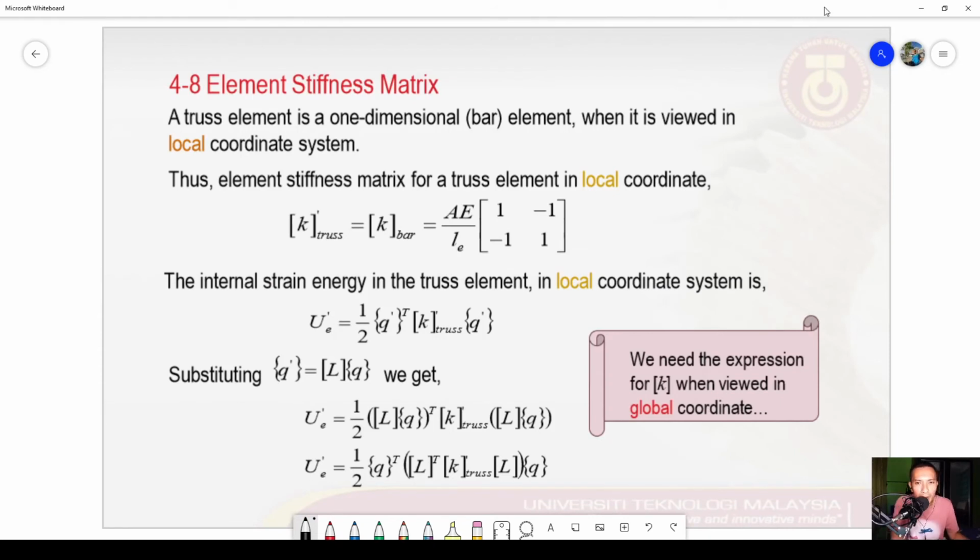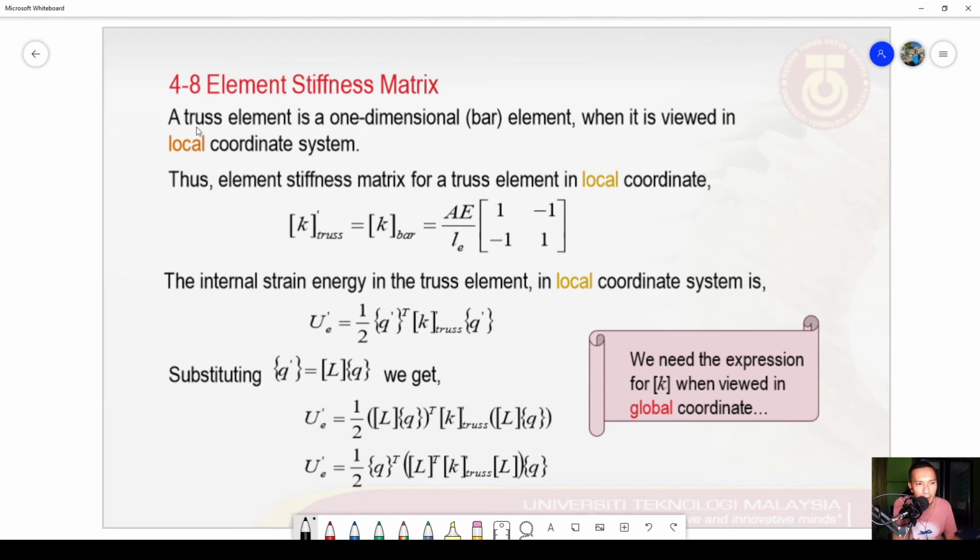Alright, in this slide here, we are going to look at how we can come up with the element stiffness matrix for the plane truss problem, which will be derived using potential energy equations.